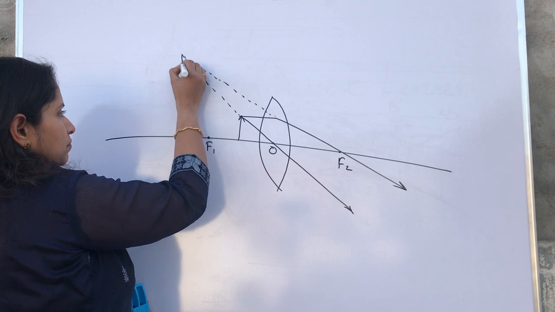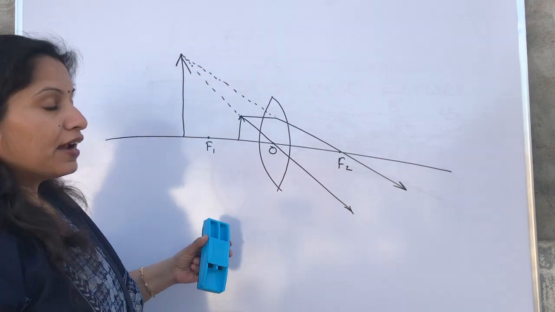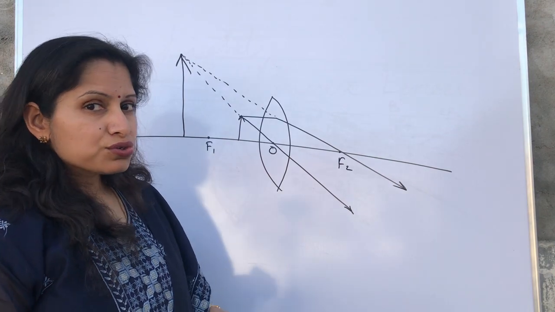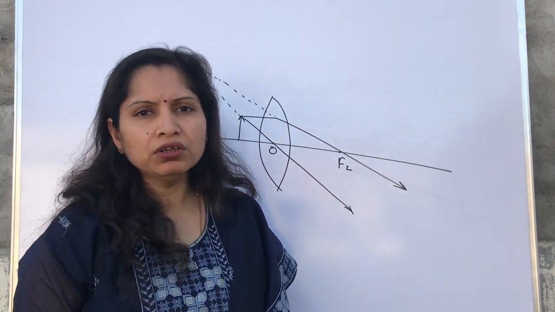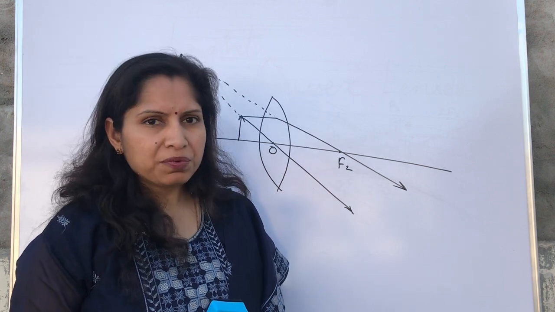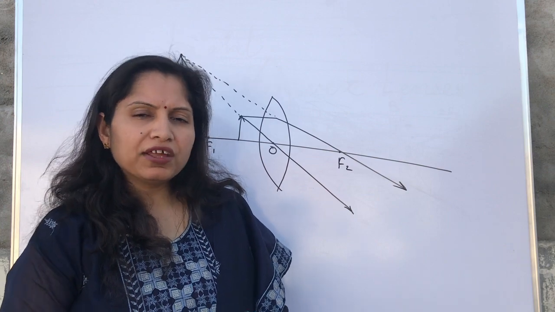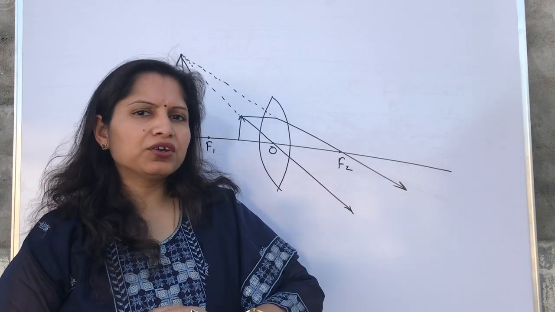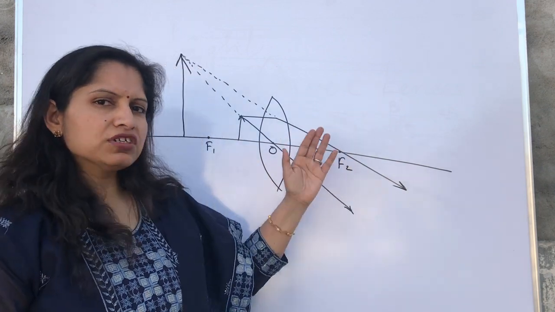So what will happen when we just trace them in the backward direction? We find that they are meeting each other, and they are meeting on the same side as that of the lens. So the image is formed on the same side as that of the object. We don't represent where it is formed exactly, like whether it's between F1 or 2F1, because depending on the position of the object, it varies.